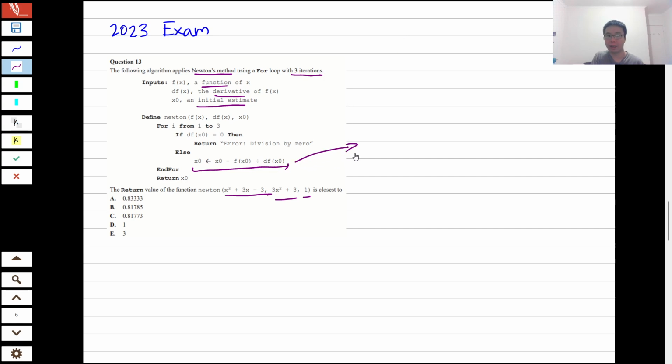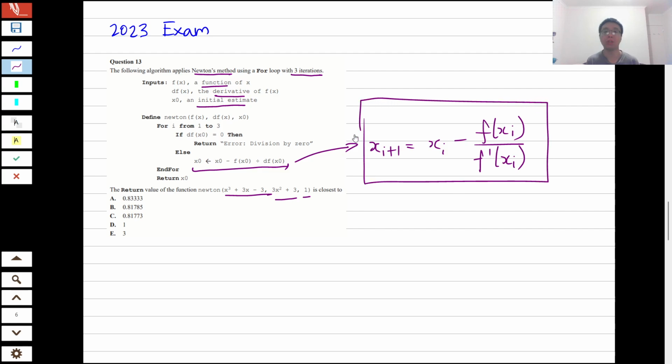If this looks strange, essentially it's doing this again, except instead of calling the variable xi, they've called it x naught, and instead of saying next and previous, they've just updated the same variable. I think it's a bit strange they called it x naught, because usually x naught is reserved for the initial guess. But I digress. Essentially, what we need to do is run this calculation 3 times.